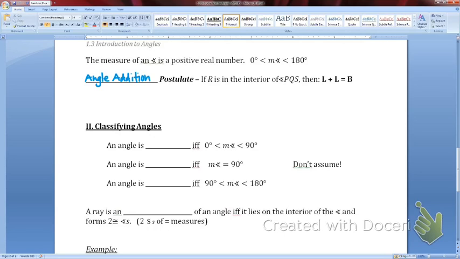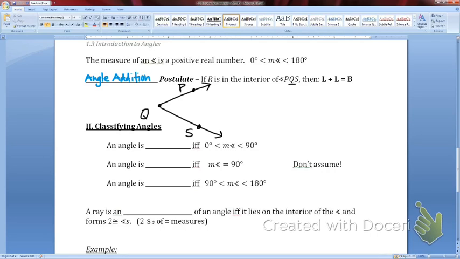Okay, so let's draw a picture of what this example says. It says if R is in the interior of angle PQS, then little plus little equals big. All right, so let's draw angle PQS. We know that Q is in the middle, so Q is my vertex. And I know that I have P somewhere out here. And S is also on my line.